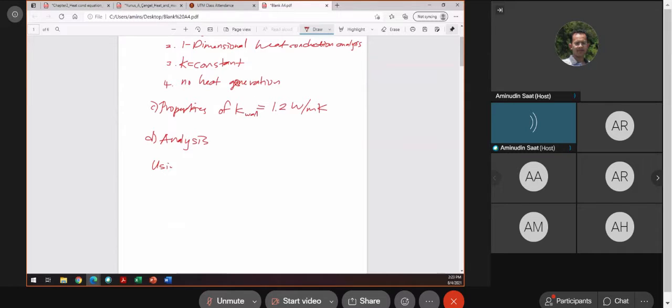So, I need to rewrite the equation again. Probably you don't need to remember this, because normally it is sometimes given, or you can take it directly from the textbook.